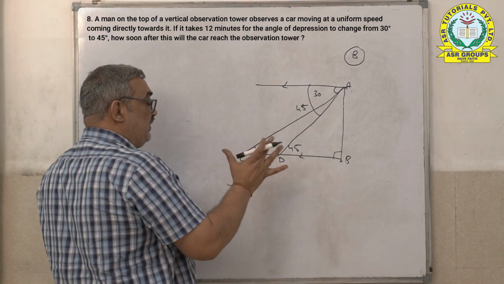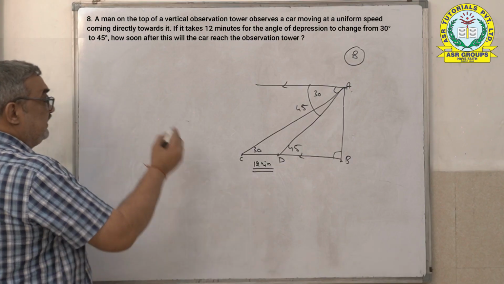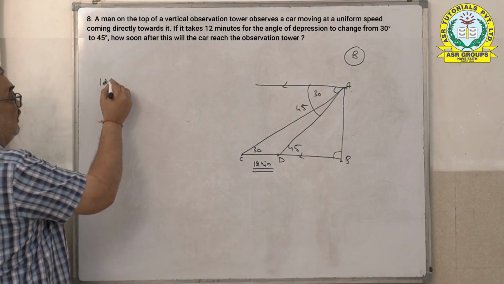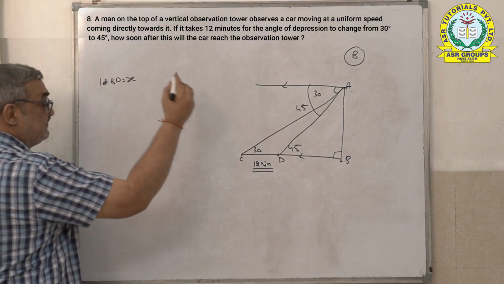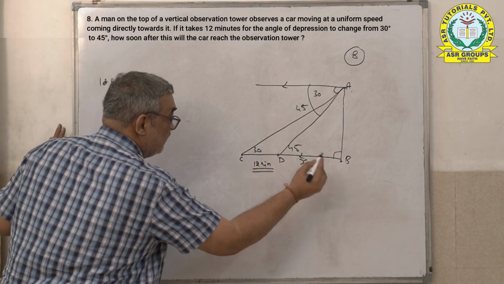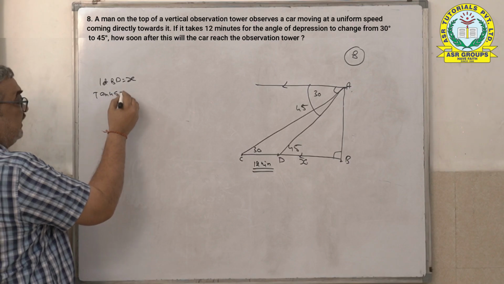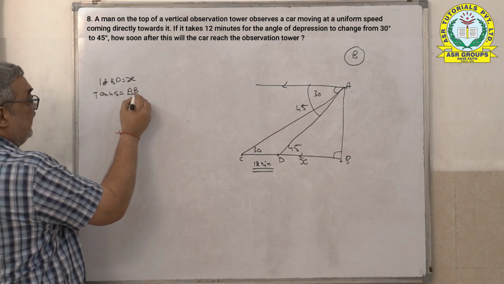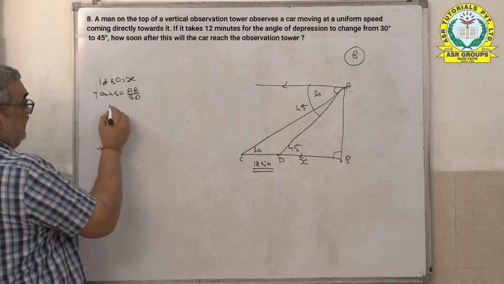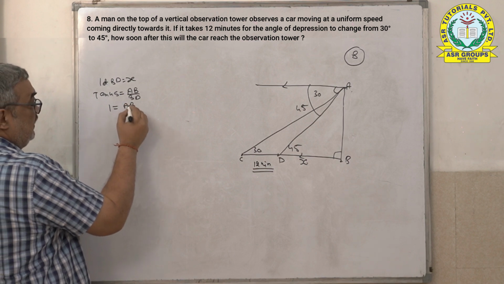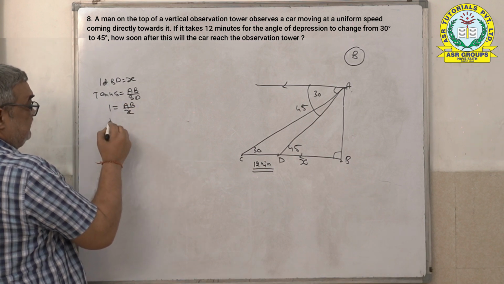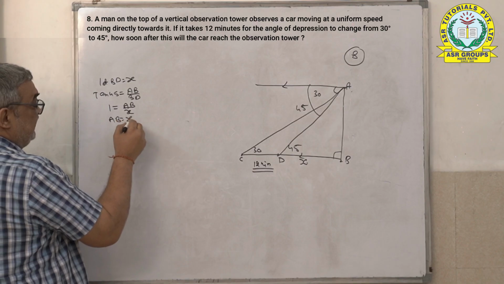Now, we'll start. Let BD be X. Tan 45 equals AB upon BD, AB upon X. So AB is X.